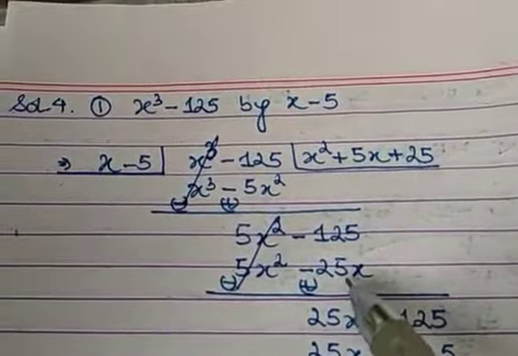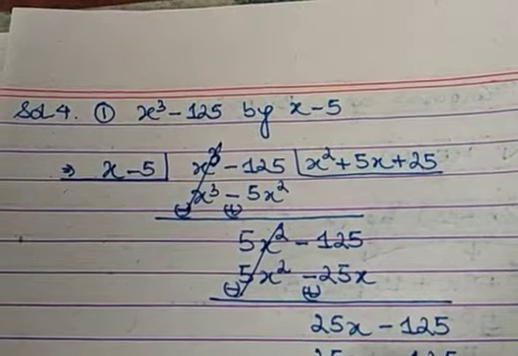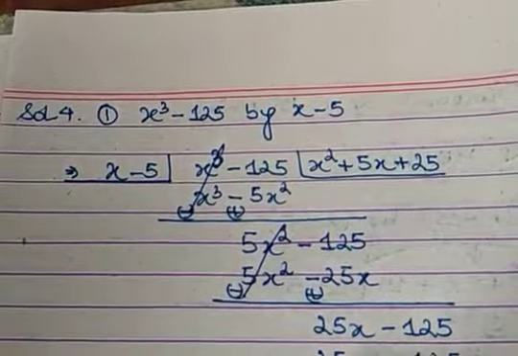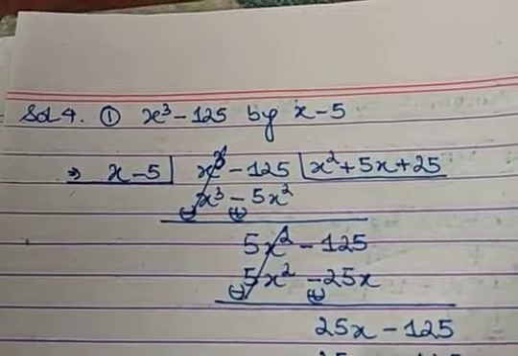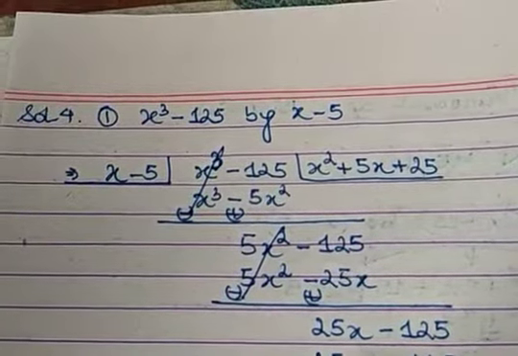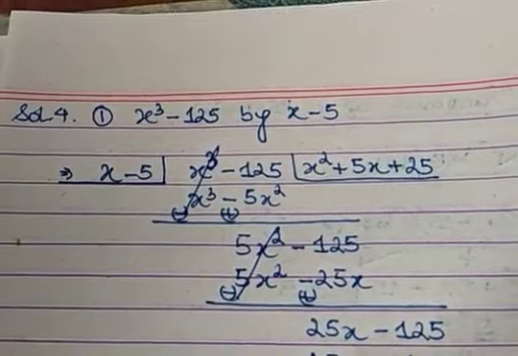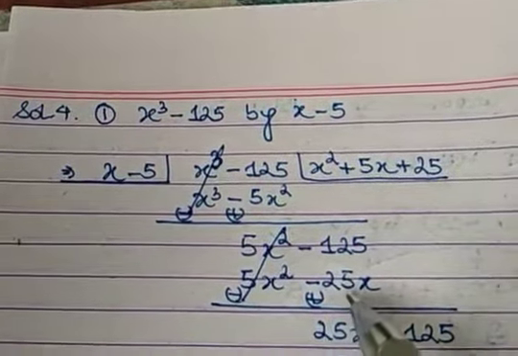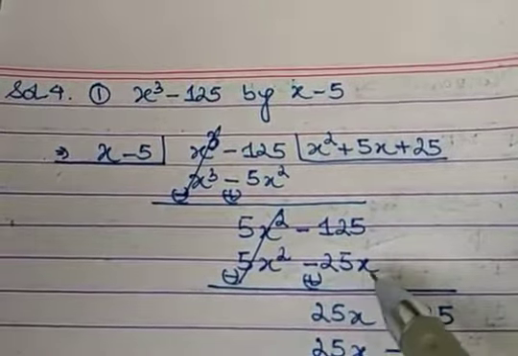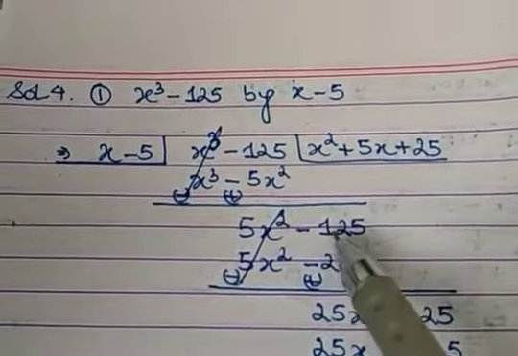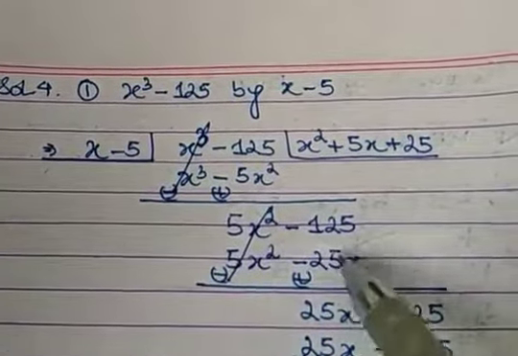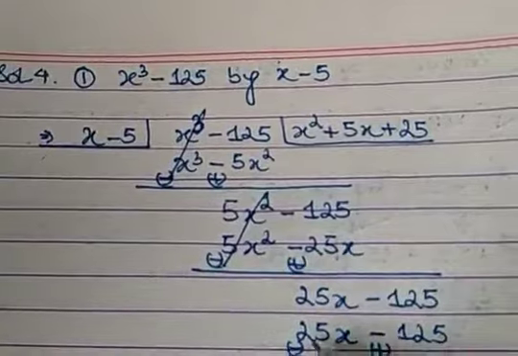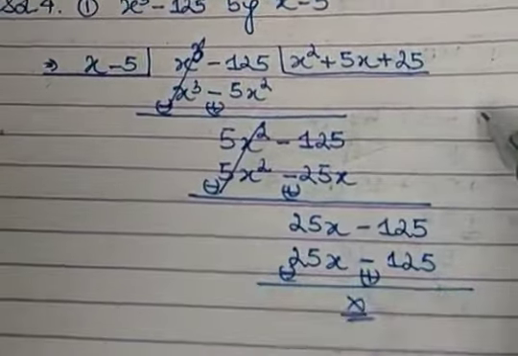What do I have now is plus 25x, and the second term is minus 125. Again, unlike terms, so we cannot operate on them.